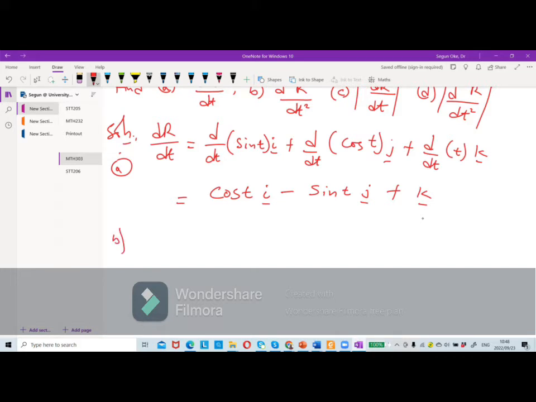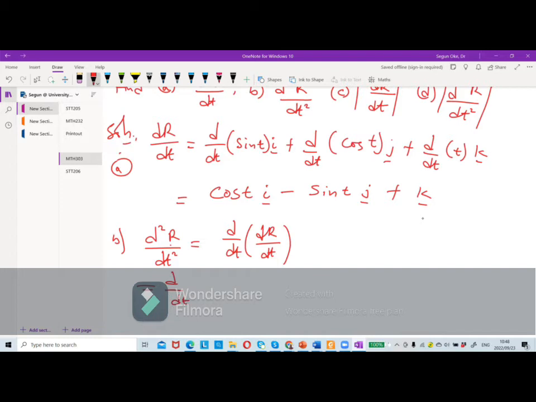Then B. B says d squared r over dt squared, which is the same thing as d/dt of dr/dt.